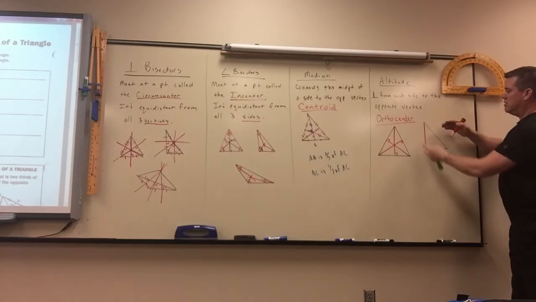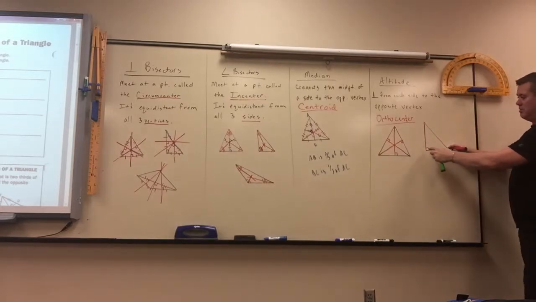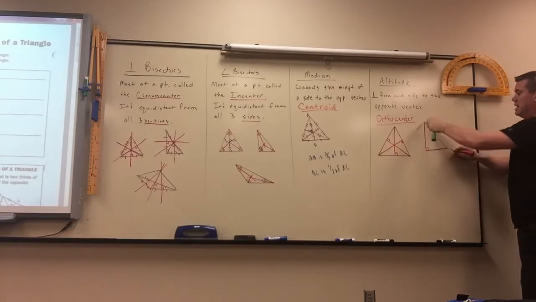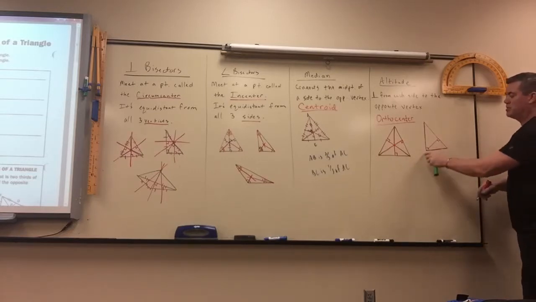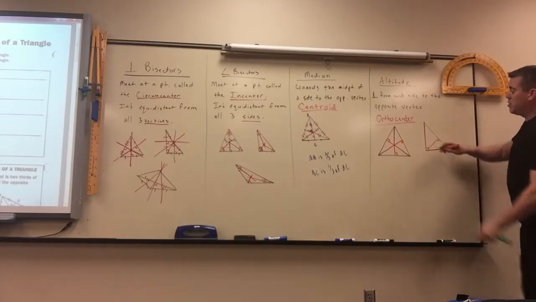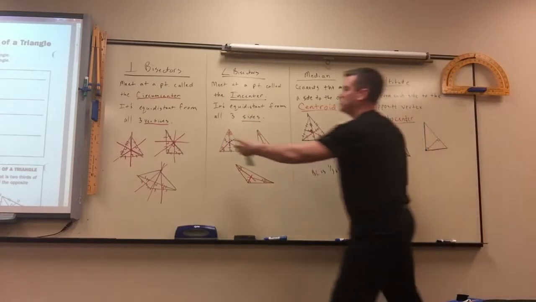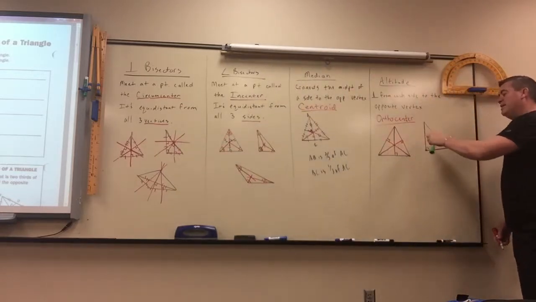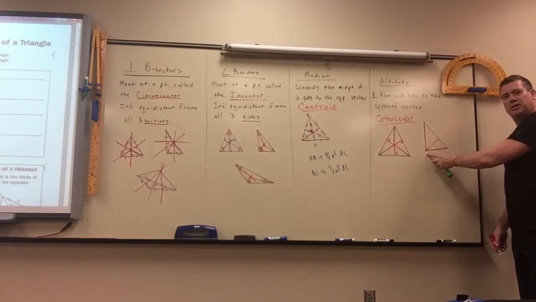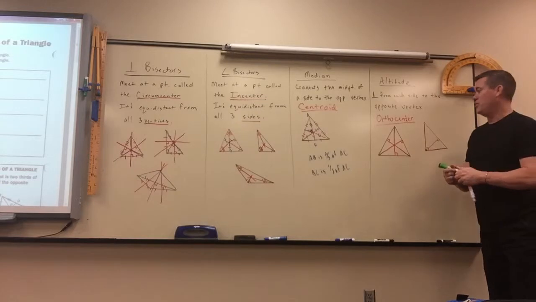If you turned it and this were the bottom, this would tell you how tall it is, right? From the opposite side of the vertex. If this were the bottom, it would be like this. Tells you how tall it is. So there it meets right on the corner. That's where it's similar to this one. So it meets inside, on, and where do you suppose the other one meets? Outside. This is the harder one to draw.